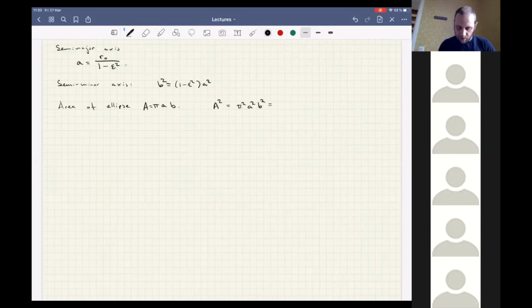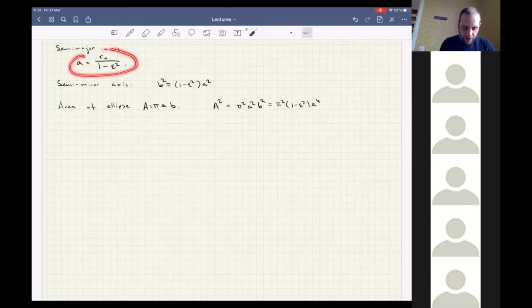So let's see. Exactly. So it's pi squared 1 minus epsilon squared a to the fourth, right? Now, I had this relation for a here, and in the denominator I have a 1 minus epsilon squared, and here I have a 1 minus epsilon squared, which means that I can exchange one of the a's for an r0, and r0 is a constant.